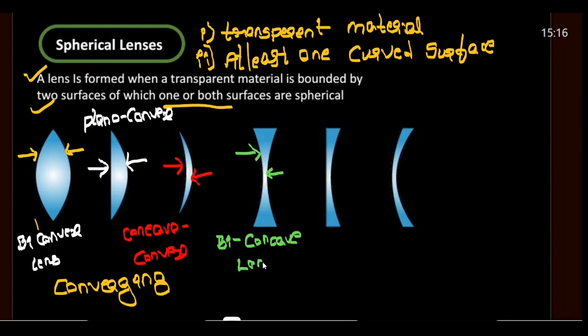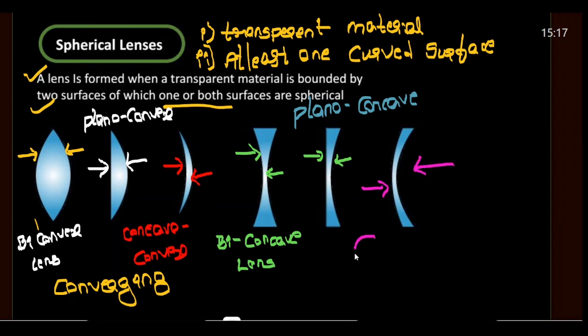Okay. And the next one, if you observe, it is a plane surface, and this is again a concave surface, right? So we call it a plano-concave lens. And the next one, if you observe, here you can see one side is convex and another side is concave, right?